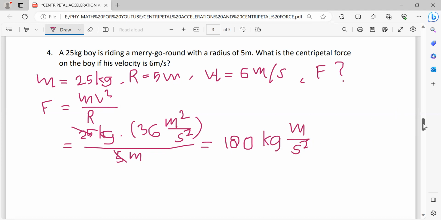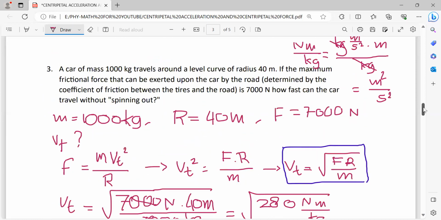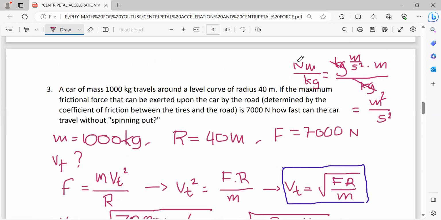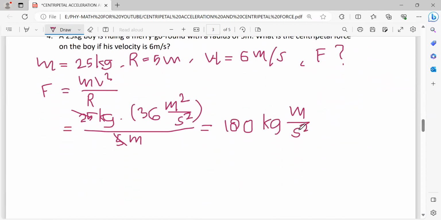I recall just now I explained that 1 Newton equals 1 kg meter per second squared. So the final answer is 180 newtons.